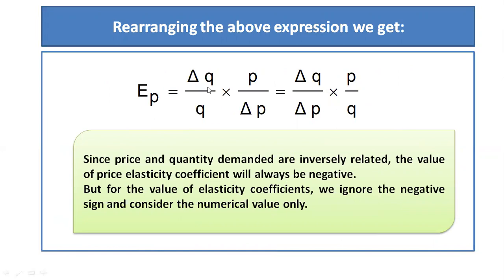So here we can see, delta Q upon Q into P upon delta P. Now further, if we take the like terms, it's delta Q upon delta P into P upon Q. Price and quantity demanded are inversely related, so the value of price elasticity coefficient will always be negative. But we ignore the negative sign and consider only the numerical value.